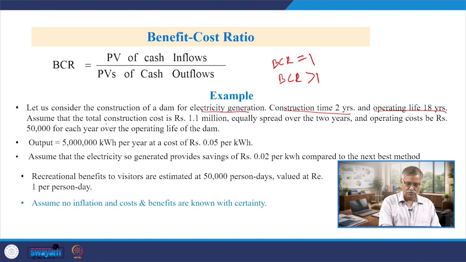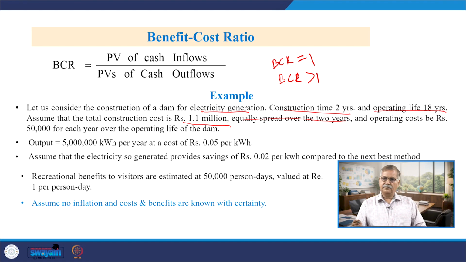Assume that the total construction cost is 1.1 billion rupees, and the cost is equally spread over 2 years, meaning half of it, 55 lakh, will be spent in the first year and 55 lakh will be spent in the next year, and the project will be completed in 2 years.